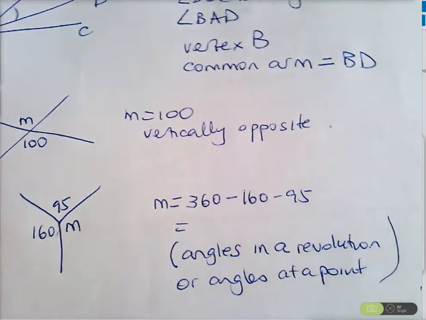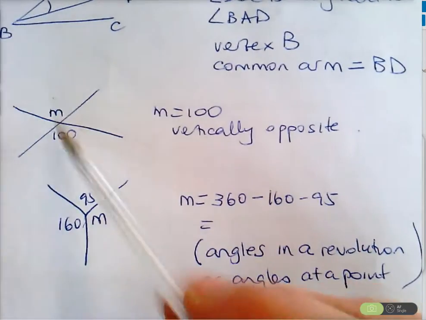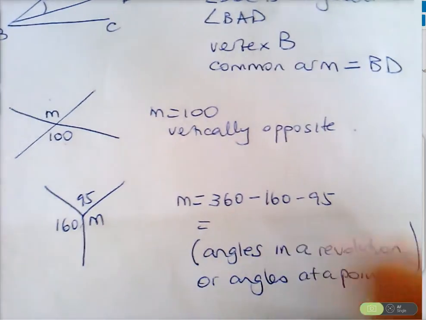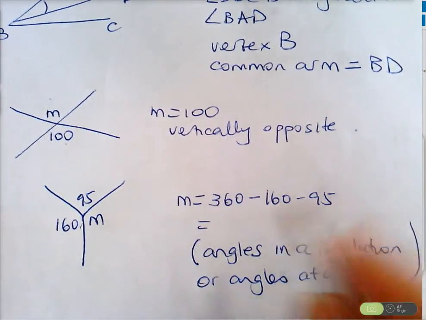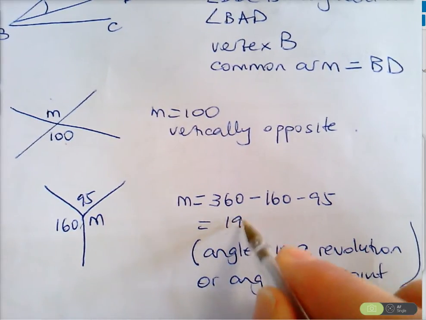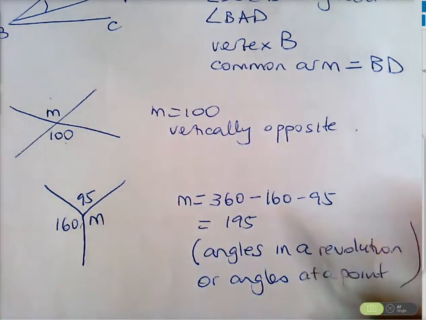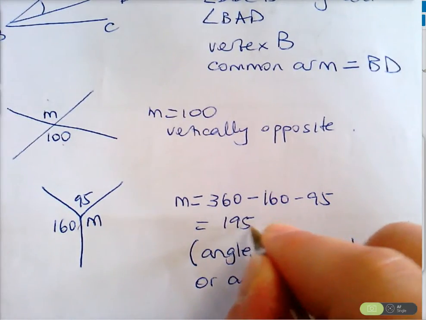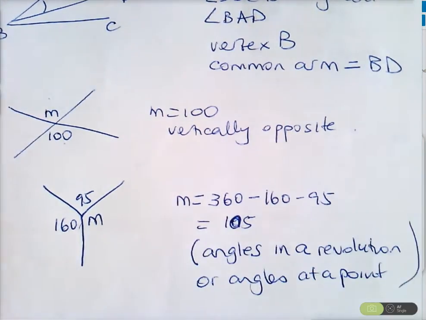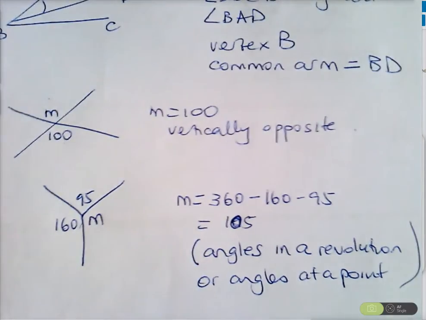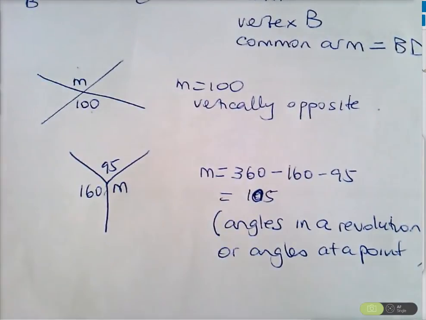Girls. So we've got vertically opposite angles. We know that they add up to 360. I'm not going to work out what it is, all right? I think it's 195 or something. I think. I'm just guessing. No, it's 105 or whatever it is. Right. The reason that M is what it is because angles in a revolution or angles at a point.